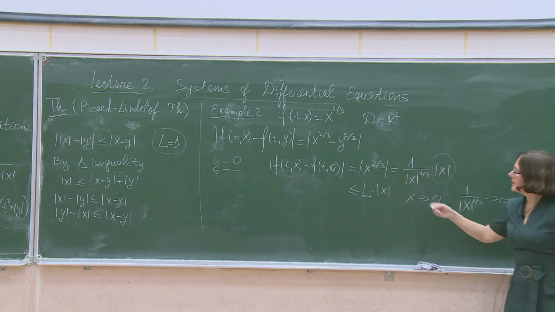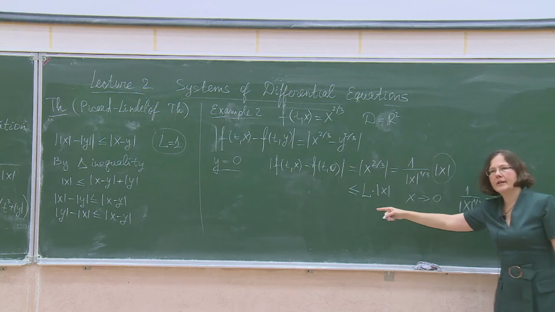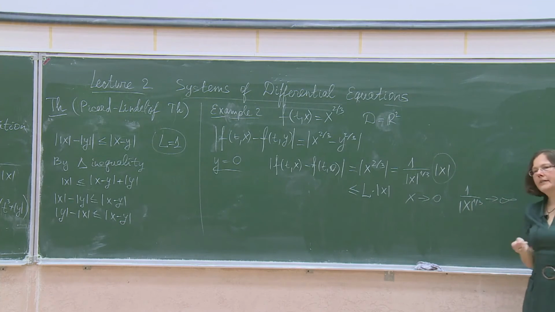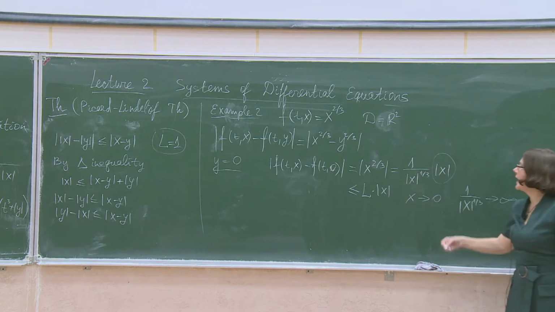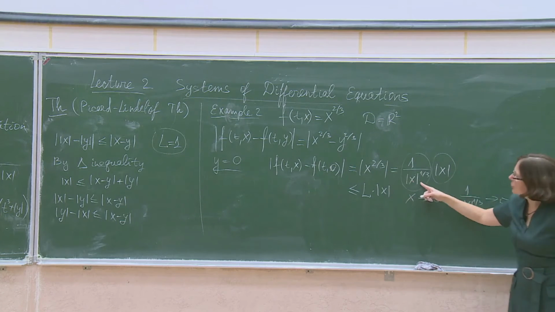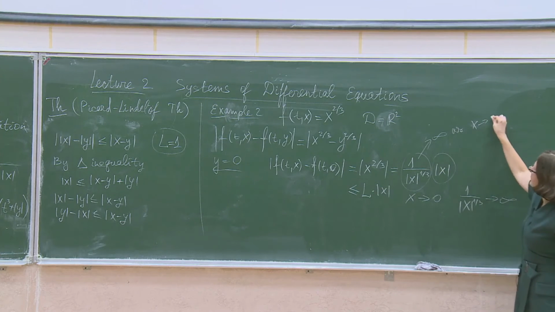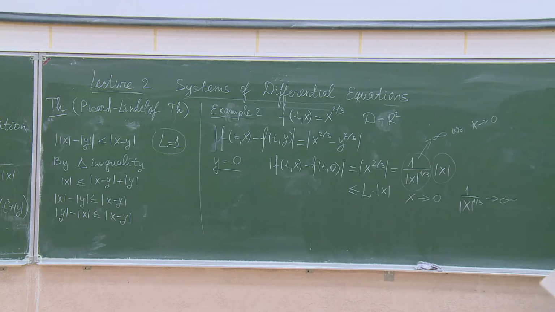This means that there is no such constant L. There is no such L that this is satisfied, because this coefficient approaches infinity as x approaches 0. Okay. So this proves that our function is not Lipschitz.